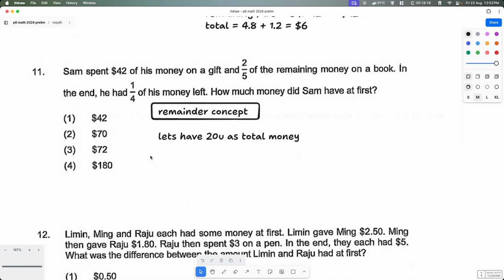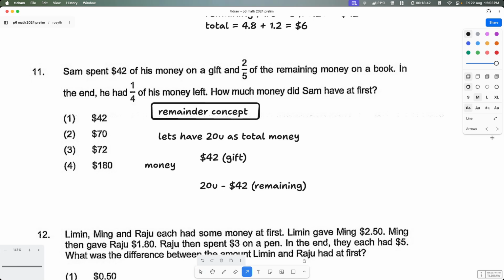So his money, and then after that we will have dollars 42 on the gift, and then lastly we have 20 units minus 42 as remaining. So our arrow sign would then just make it like this, to 42, and this to 20 units.